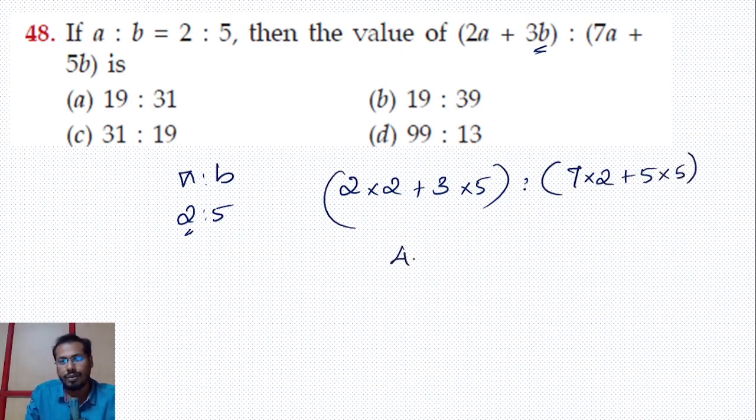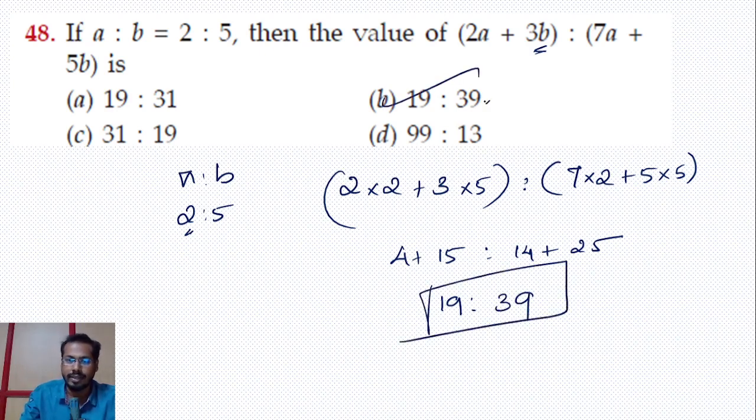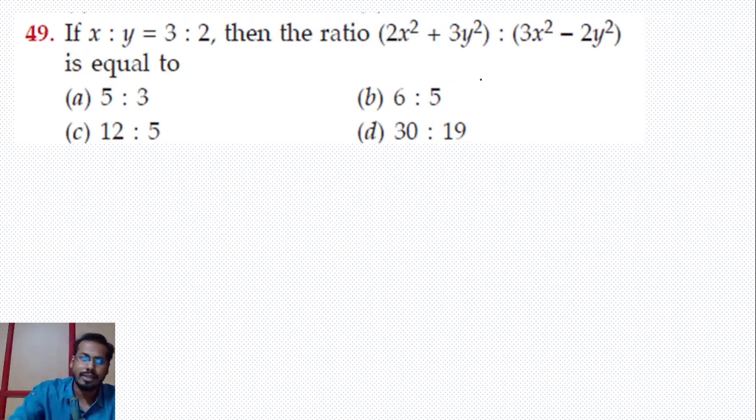Right, 4 plus 15, that is proportion to A. 7 2s are 14 plus 25. So 19, 39. 19 and 39 is the right answer. Next question. Just substitute the values, solve it, you will get the answer.